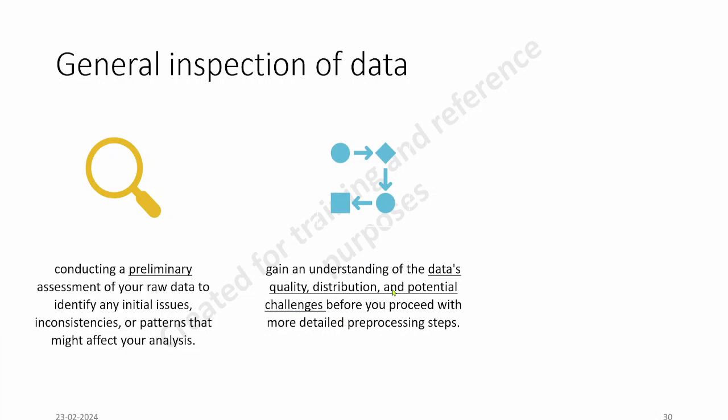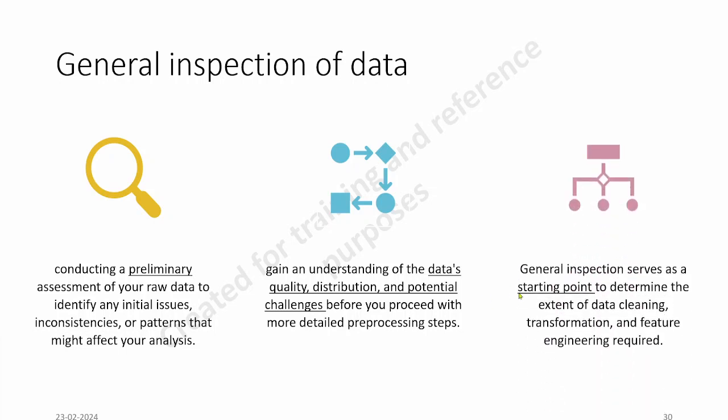We gain an understanding of data quality in terms of distribution, or any potential challenges before we proceed with the machine learning modeling. General inspection typically is a starting point before we make any decision on data cleaning, transformation, or even picking a particular model.